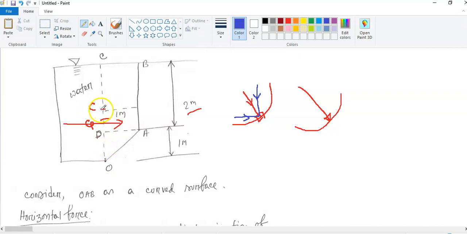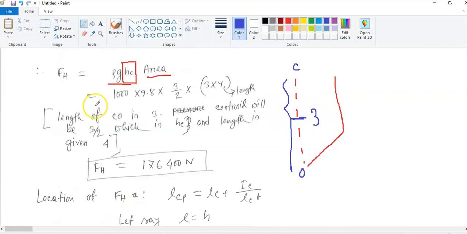So the centroid will be just the middle, so that means 3/2. I said here the length CO is 3, so the centroid will be 3/2, which is the height C. And the other thing is this length from here to here is given as 4, but this vertical projection distance is 3.